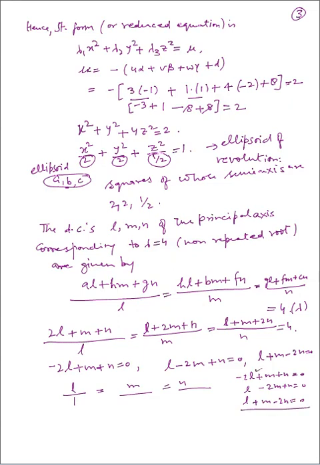अब L के लिए लिया तो this into this minus this into this, so this becomes 4 minus 1 minus 4 minus 1.